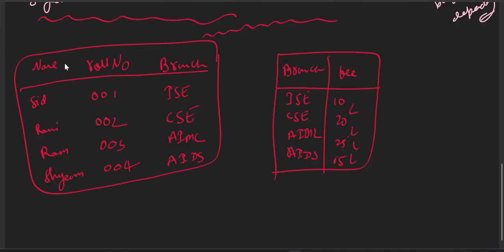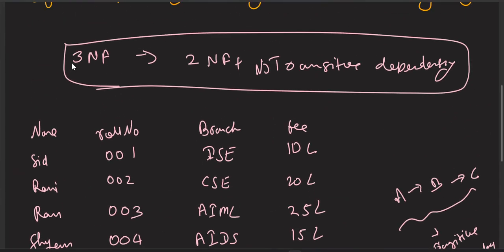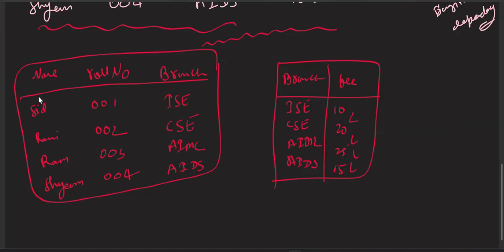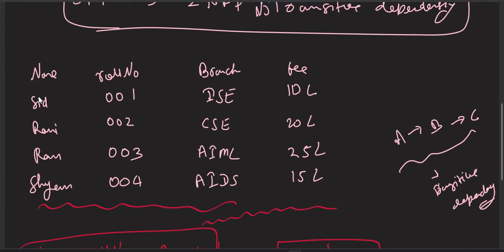So here we can see there is no transitive dependency in this because all are independent. See here we were getting the dependency like the branch is related to its fees.